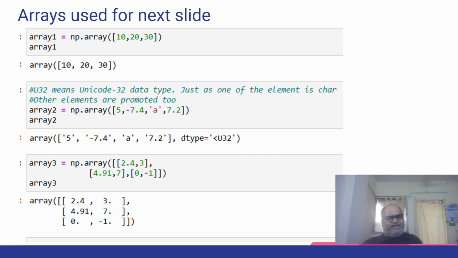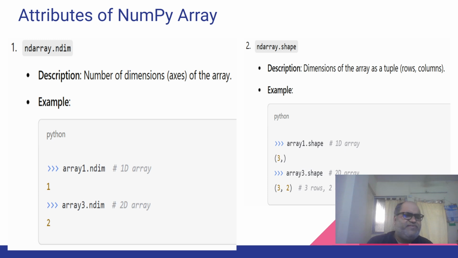We have talked about array creation through np.array, arange, and many others, and created a couple of single and two-dimensional arrays. Now we look at the attributes of these arrays. The arrays you create in NumPy are also called ndarrays, and ndarrays have a set of attributes. One of them is ndim, the number of dimensions, or what we call axes.